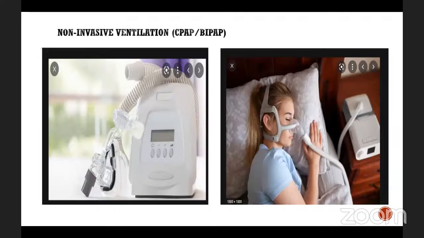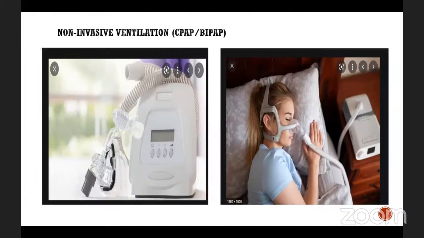We can also manage such patients using non-invasive ventilation, the CPAP or BiPAP. These are patients that are breathing spontaneously, but somehow they also require some assistance, for example because of obstructive sleep apnea and the like.